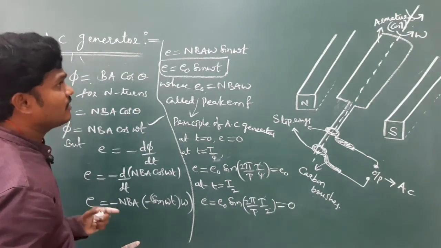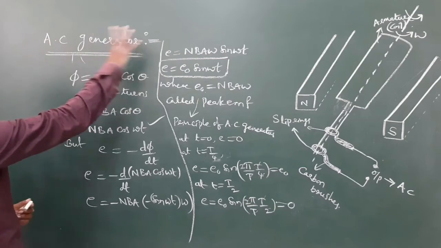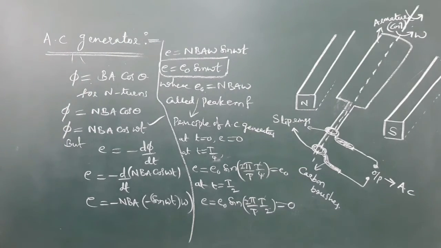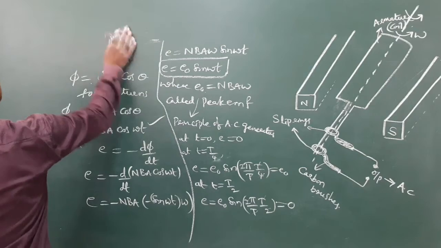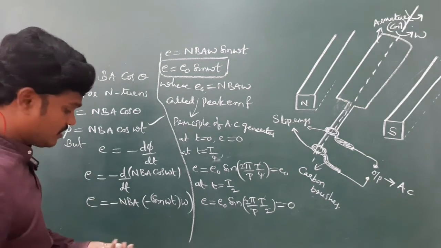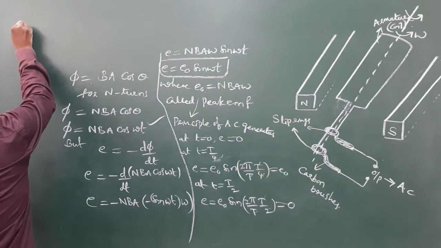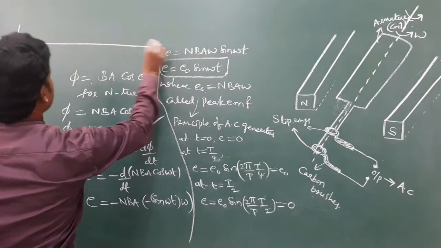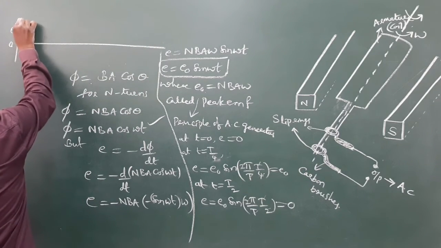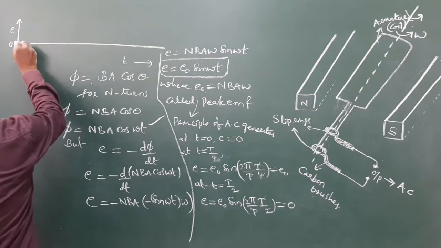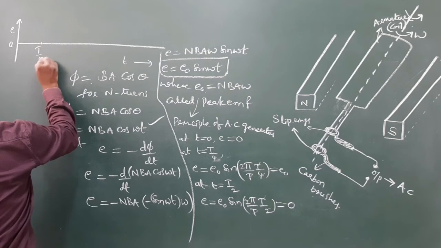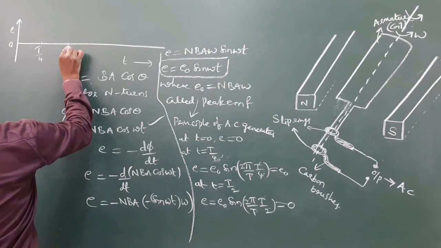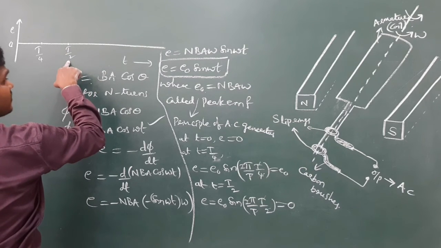So if I draw a graph, let me draw it here. This axis is EMF, and this is the time. These points are at T by 4, T by 2, 2T by 4, like that.